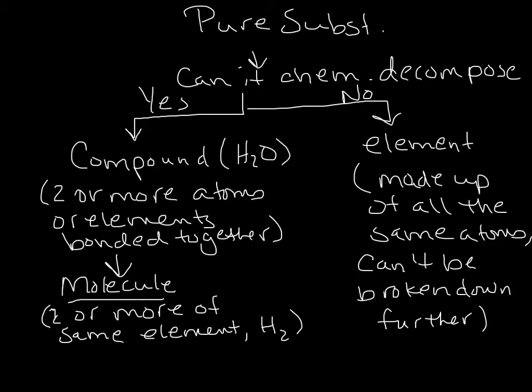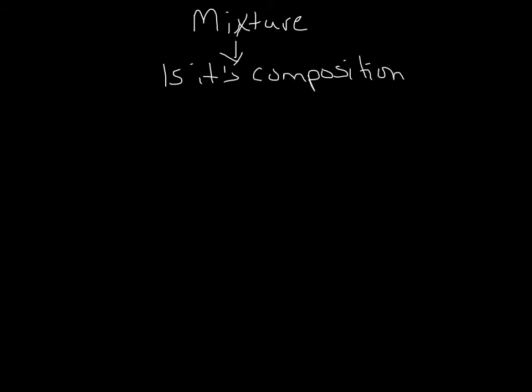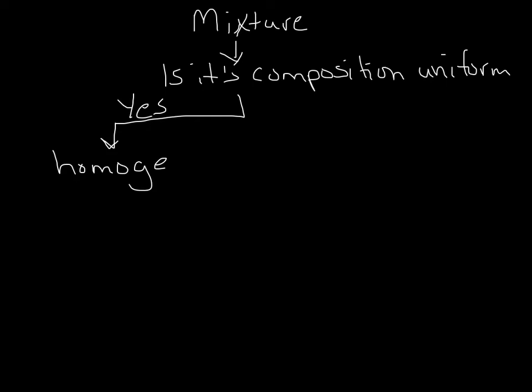Okay, if we go to the next slide, we can answer about mixtures. So we have mixtures, and we have to ask ourselves, is its composition uniform? If we answered yes, it is, then we have what's known as a homogeneous mixture, where everything is the same throughout.